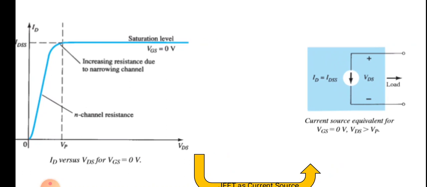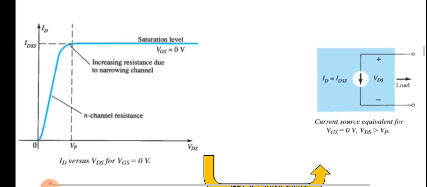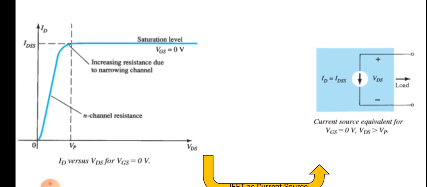The current flowing through this current source is IDSS, and the potential applied across it is VDS. Even if there is a change in the potential, the current is not going to change. But of course, ID is going to exist only if VDS exists. So if VDS is larger than the pinch off voltage, the JFET is going to work like a current source.